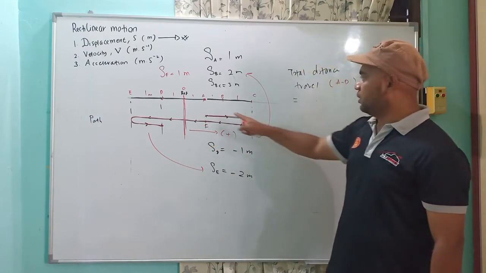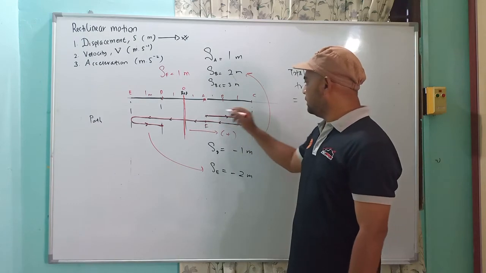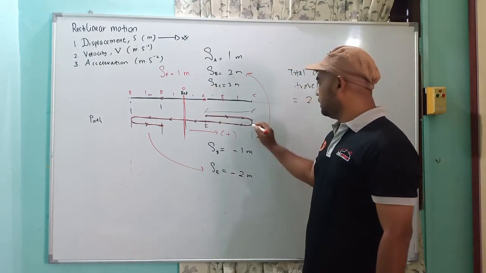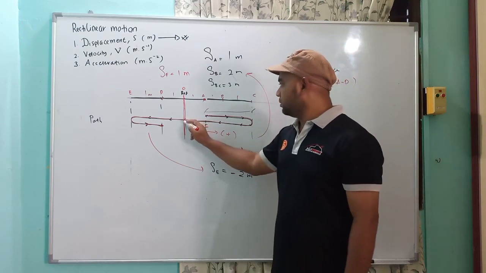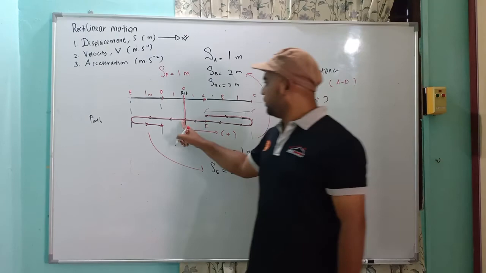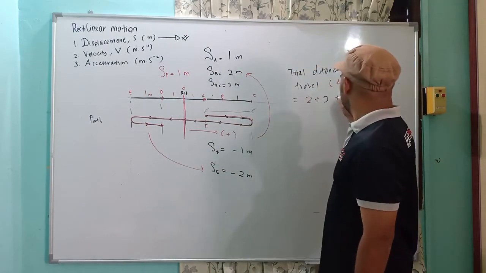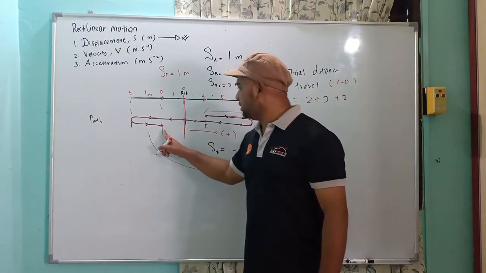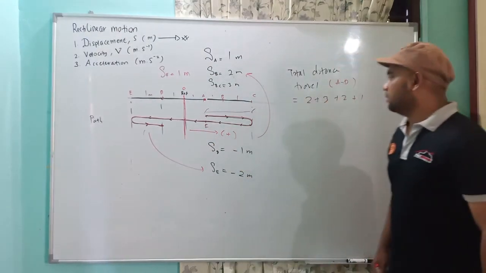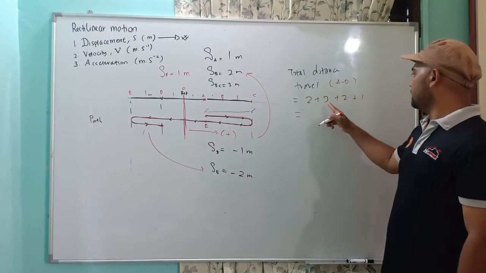In this case, the first length is 2, the length from here to here is 3, from here to there is 2, and then from E to D you have plus 1 here.